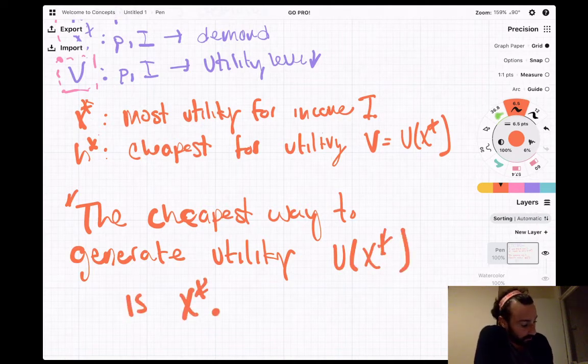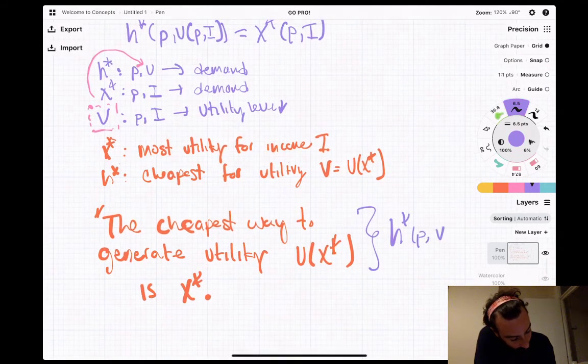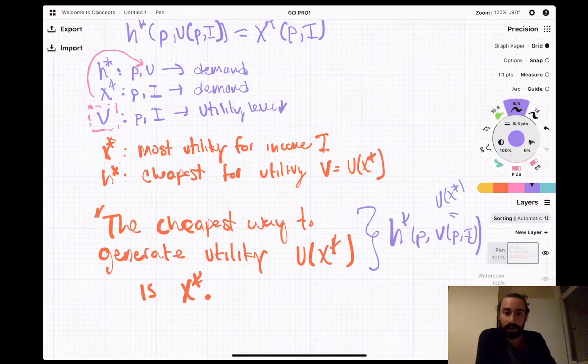Because the cheapest way to generate the utility U of X star is this, H star of P and V of P equals U of X star. And this is saying that this is in fact X star.